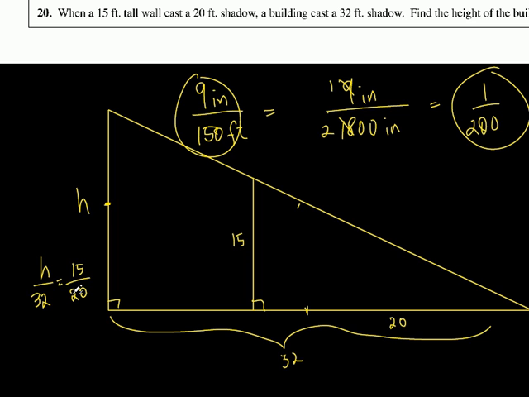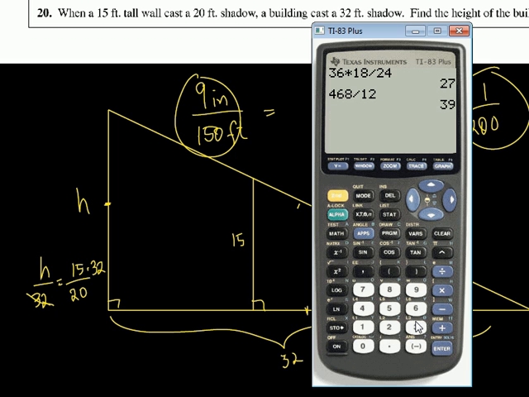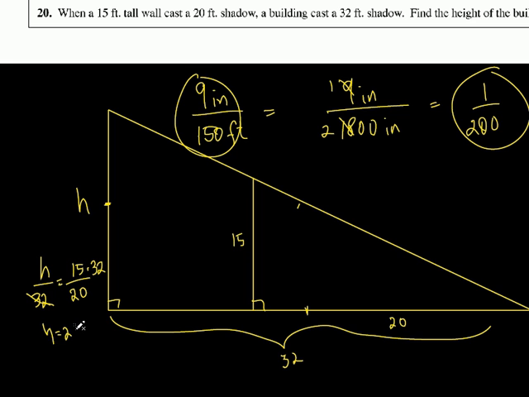And then you could cross multiply, but since h is already on the top, just multiply that by 32. You could simplify it in your head, but I'm going to do it on a calculator. 15 times 32, divide that by 20, and that's 24. So h would be 24. It's supposed to be an h. So that building is 24 feet high. And there you go.